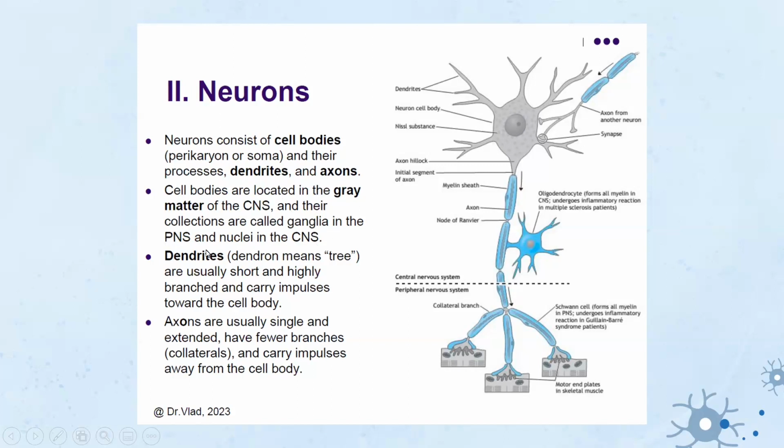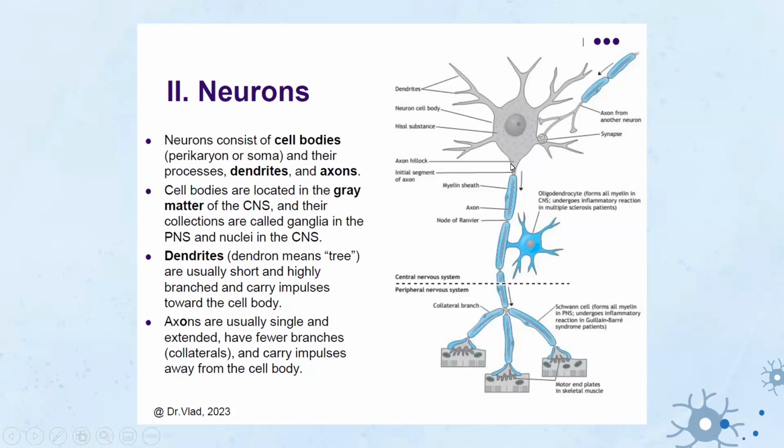Dendrites are usually short, and these are the processes, the dendrites and the axons. The dendrites are usually short and highly branched. You can see how highly branched they are, and they carry impulses towards the cell body. So they carry the impulses from here all the way to the cell body. Axons are usually single.